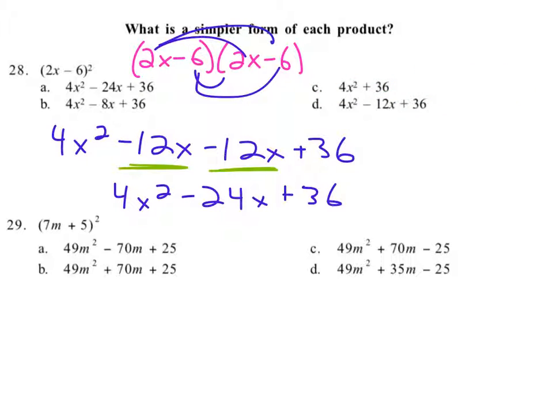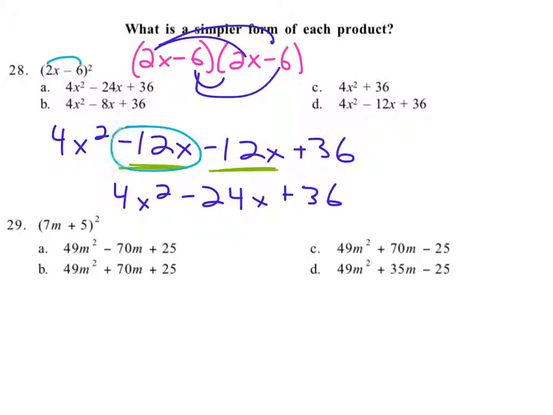Let me just show you what you could have done if you didn't expand it. You could do what you were thinking of doing, which is that squared and that squared for the first and last terms. For the middle term, and I've said this before in class, you can do the first term times the last term, 2x times negative 6, negative 12x, and double it.